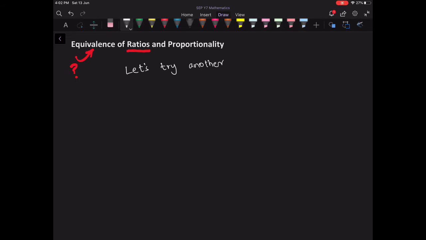Let's try another example. 700:35 and 3500:70. Let's simplify these. We divide the first ratio by 7. We get 100:5, then by 5. We get 20:1.